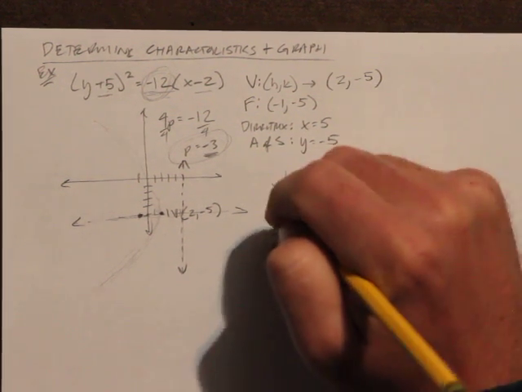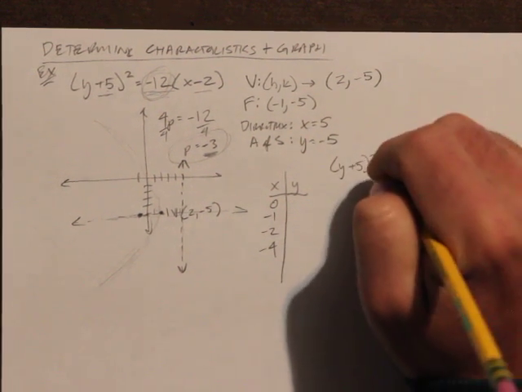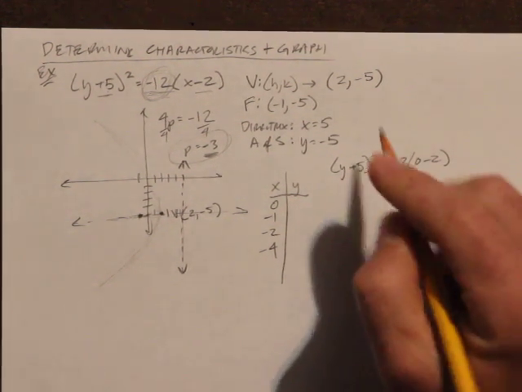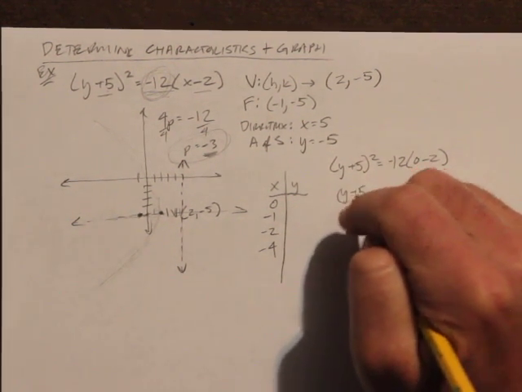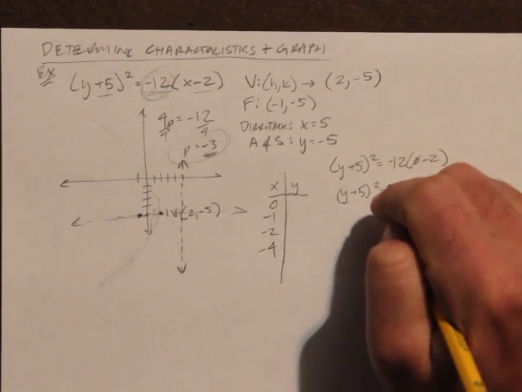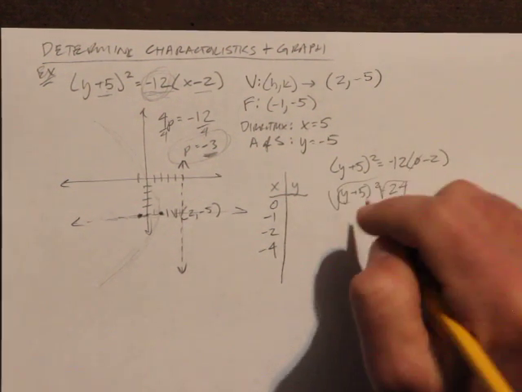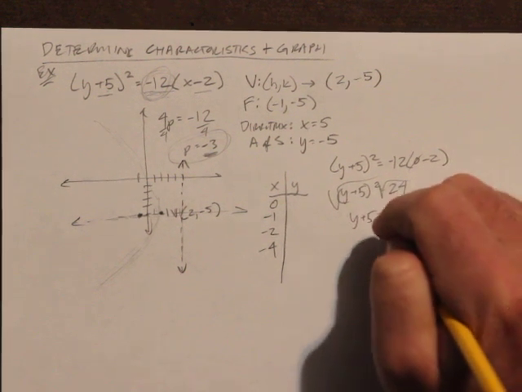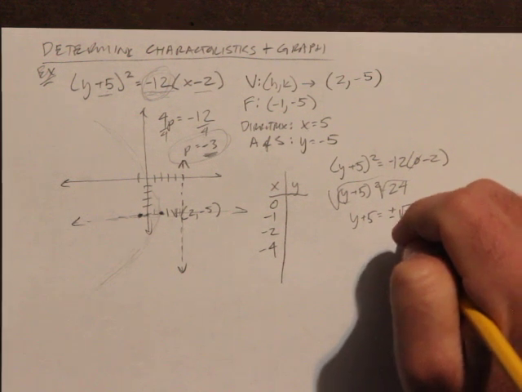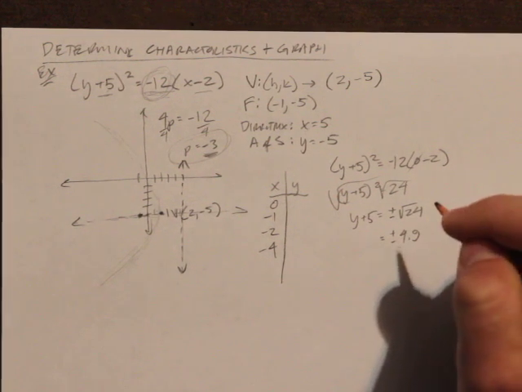So if I plug in 0 for x, I get y plus 5 squared equals -12 times 0 minus 2. Now I have y plus 5 squared equals negative 2 times negative 12, which gives me positive 24. I take the square root of both sides, so y plus 5 equals plus or minus the square root of 24, which is approximately 4.9.